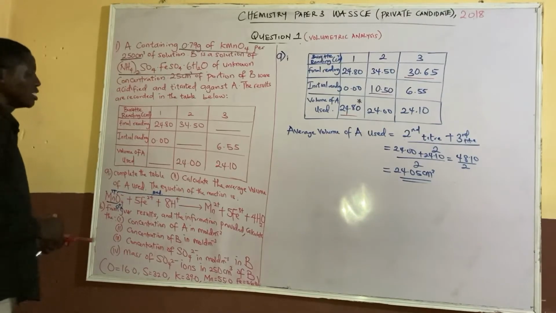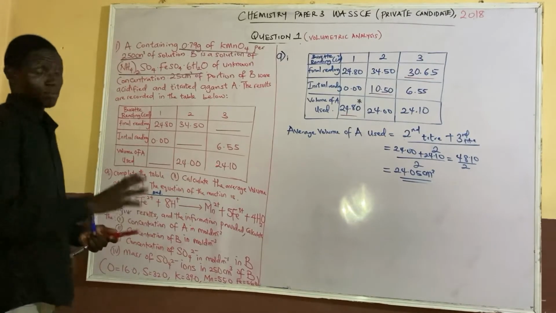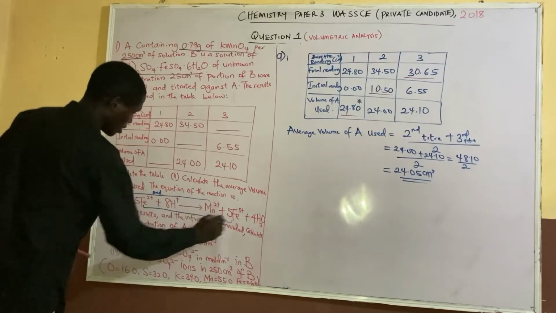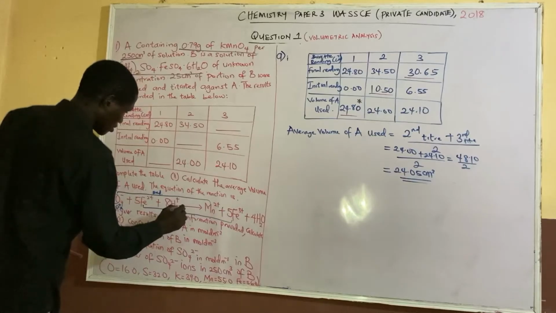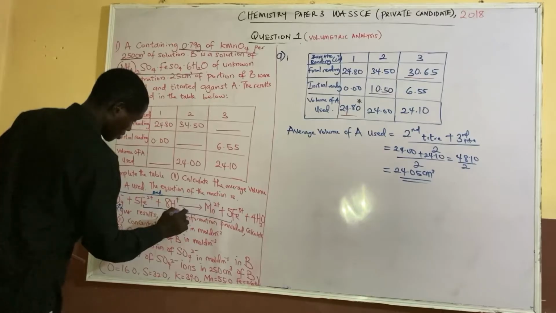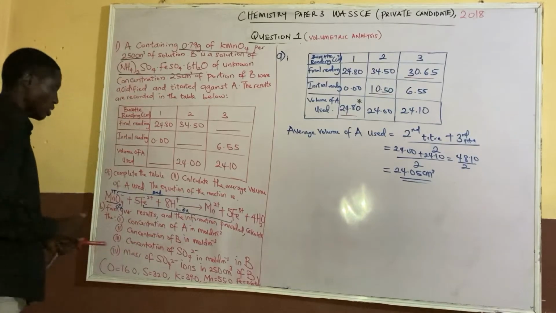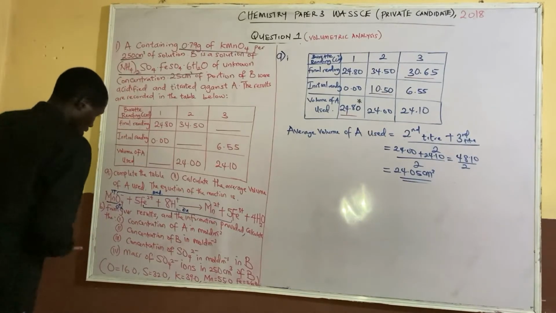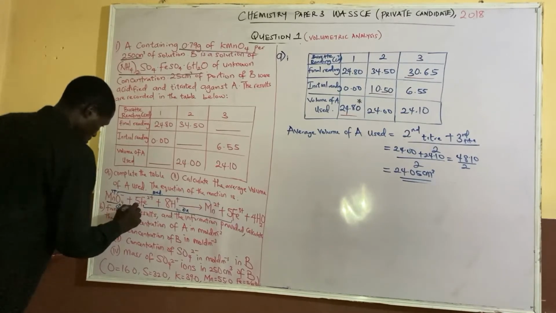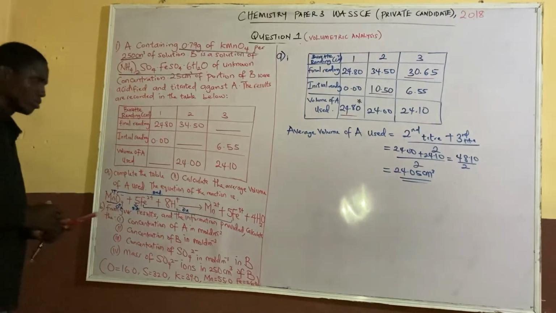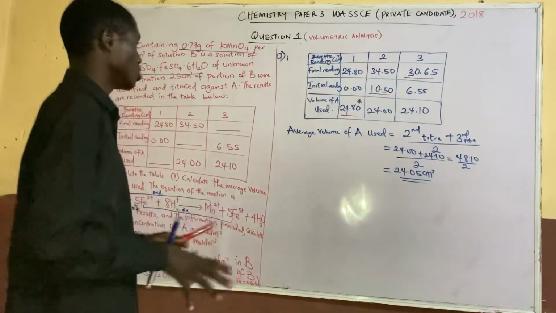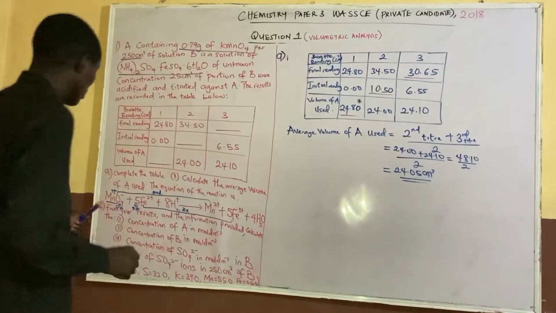So that's why we said this is a redox titration, and this one has undergone oxidation. Fe is called the reducing agent. But we are not going into that. That's why this titration itself is called redox titration.